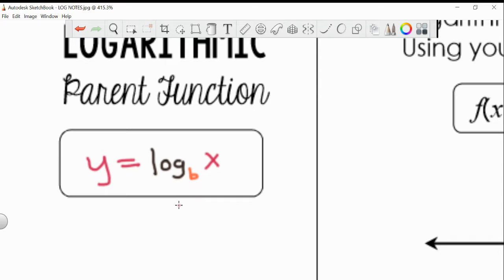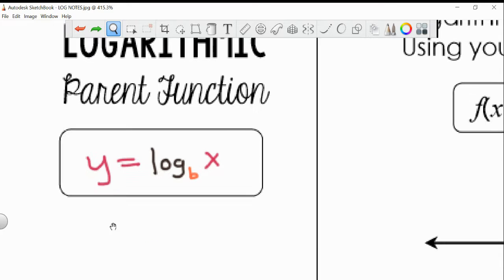Okay? So this is our parent function. The log is completely standard. It's really obvious what family a log graph is because it literally says log for you. So that is an easy question. We do have this b here, which is very similar to how we had it before with exponential graphs.